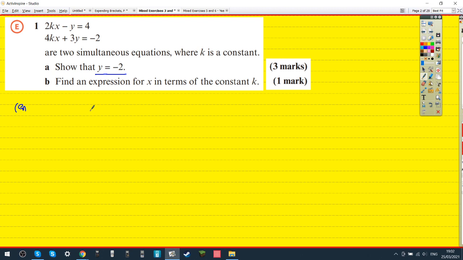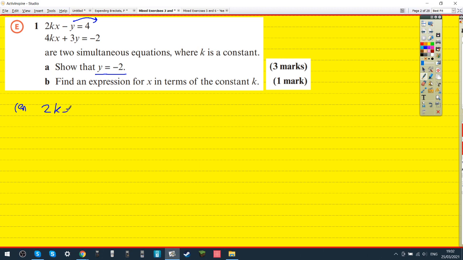So would you get 2kx on the right side of the equation for the top one? You could. Let me see. You could bring y over and do it that way. So it'd be 2kx equals 4 plus y.